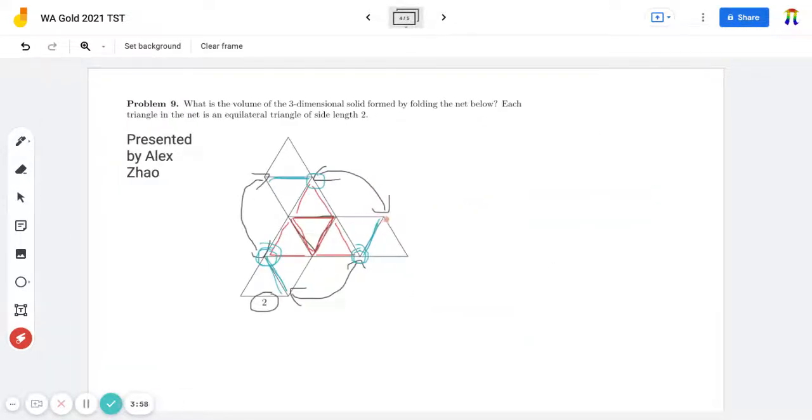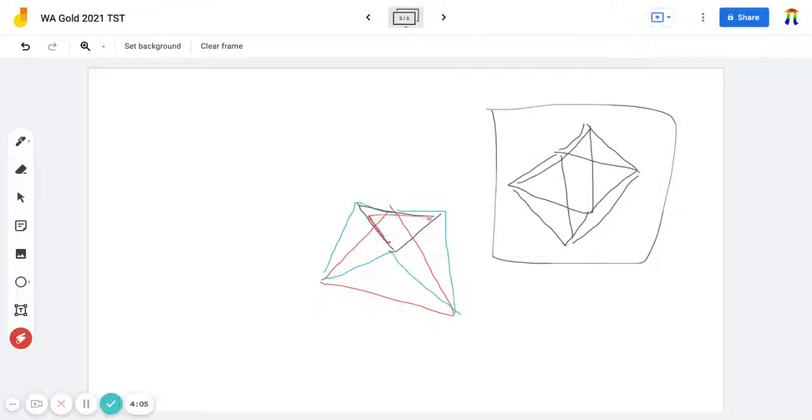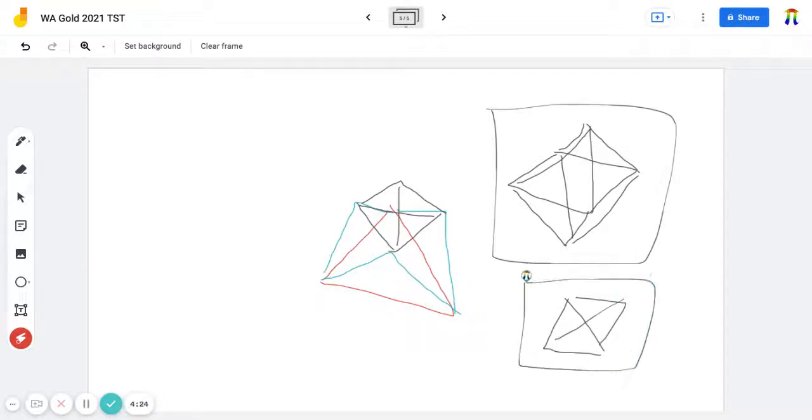So then these equilateral triangles on the outside form an additional regular tetrahedron on top of this black triangle on top, like this. So our final shape is an octahedron plus a regular tetrahedron attached to one face. And we want to find the combined volume of these 2 solids. So that is what we will now do.